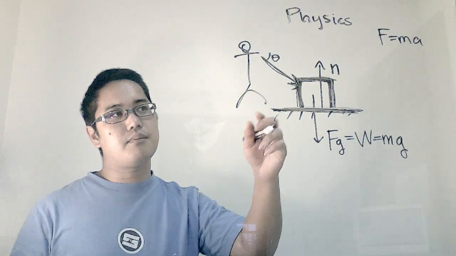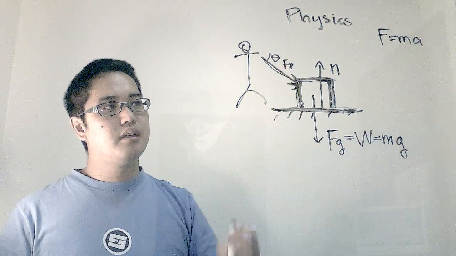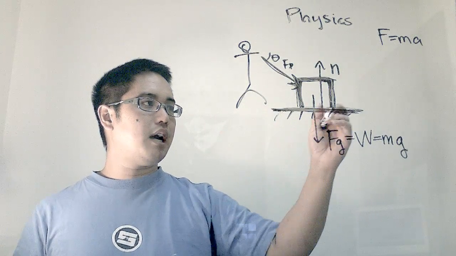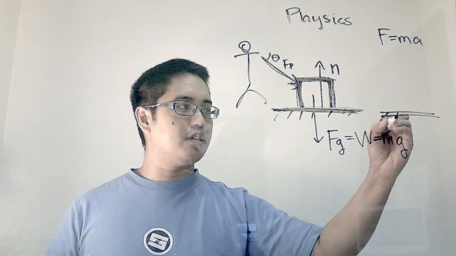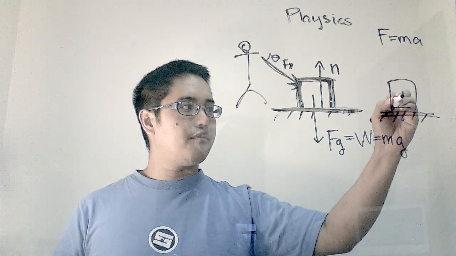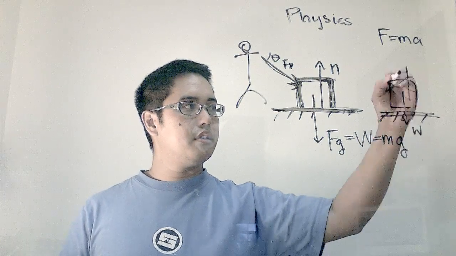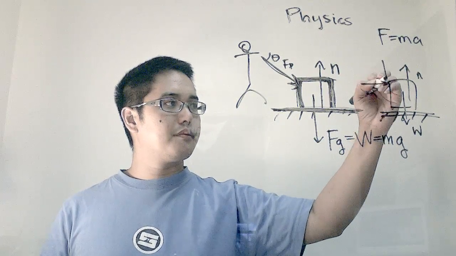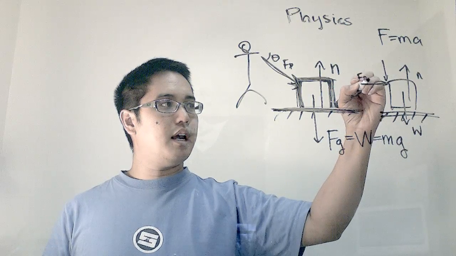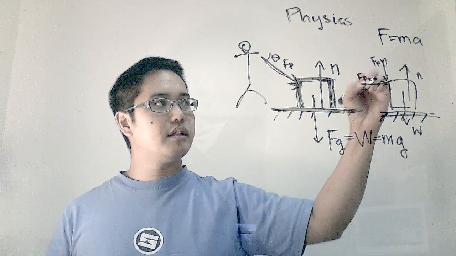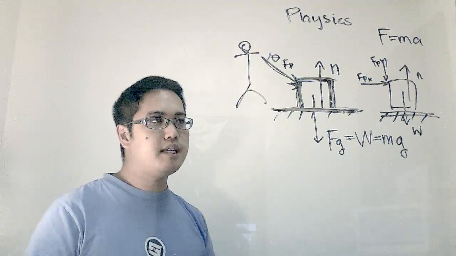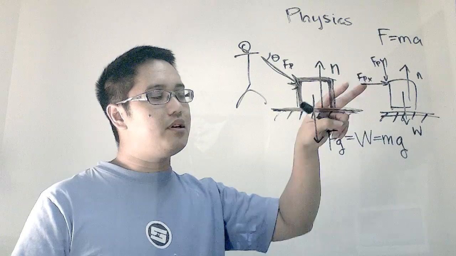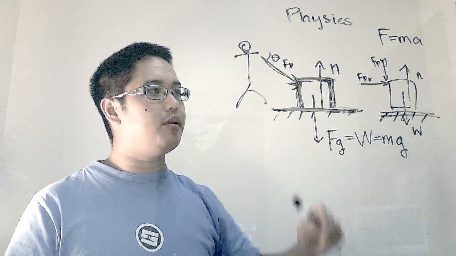So if I were to see something like this as my new FP, I would say, all right, I'm going to break it up into another picture where I have W and I have FPX and FPY. Does that make sense? I basically took this force going down at an angle and broke it up into its two components, FPX and FPY.